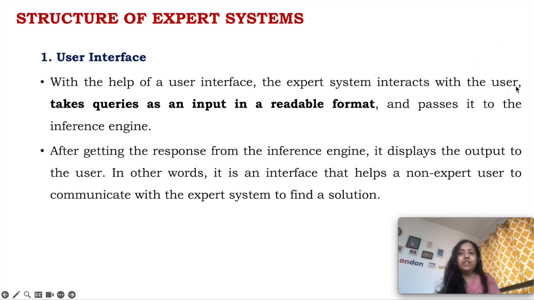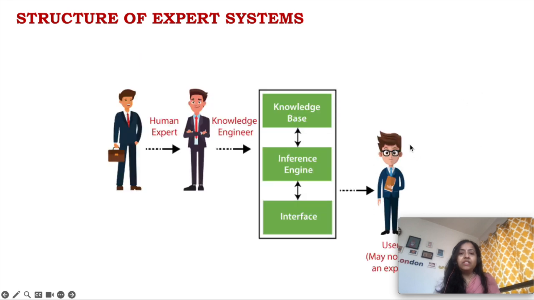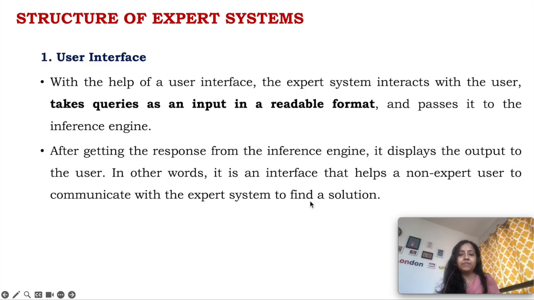When we say user here, we mean this person who might be a novice, and he can interact with the expert system via the user interface. After getting the response from the inference engine, it displays the output to the user. In other words, it is an interface that helps a non-expert user to communicate with the expert system to find a solution.